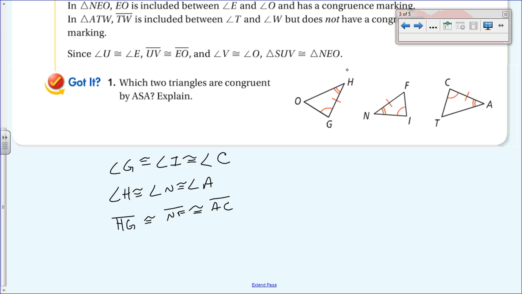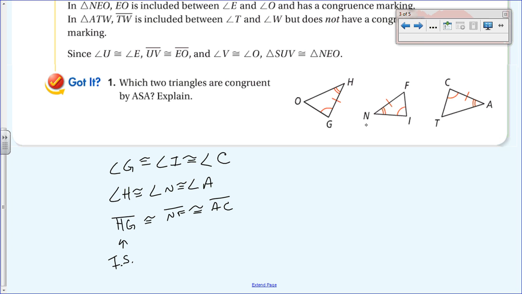So we know HG is congruent to NF. If we look at HG, is HG the included side? Yes, it is. HG is the, and we'll call it the I.S., included side. NF, is NF the included side between the two angles that are marked congruent?